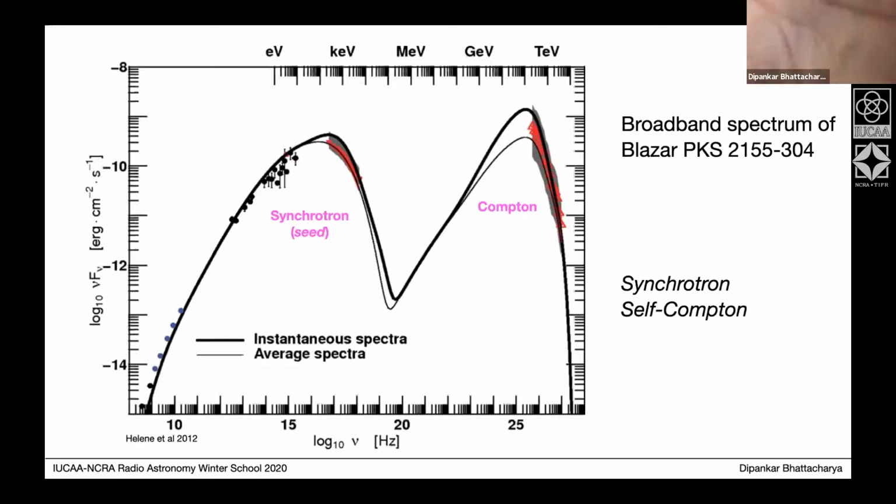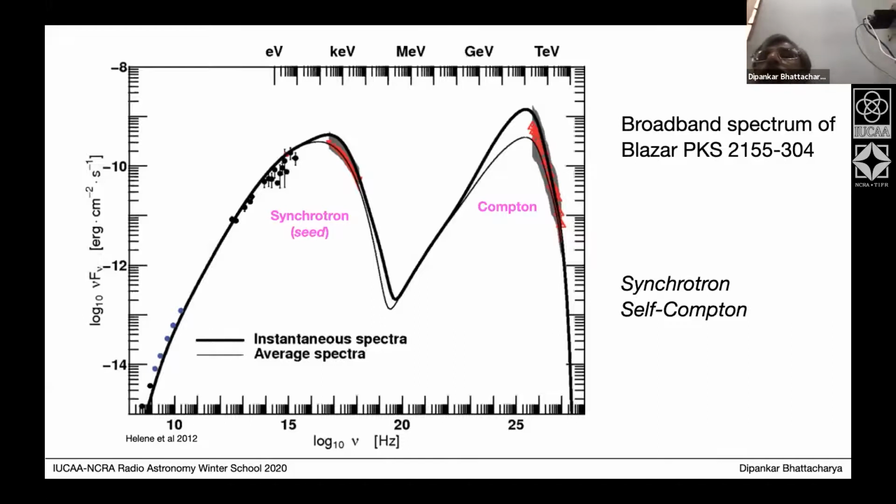The first hump comes from the synchrotron process, and this synchrotron process provides seed photons for the Compton process. The Compton process then boosts these by gamma squared and produces a second hump, as you can see in the spectrum.